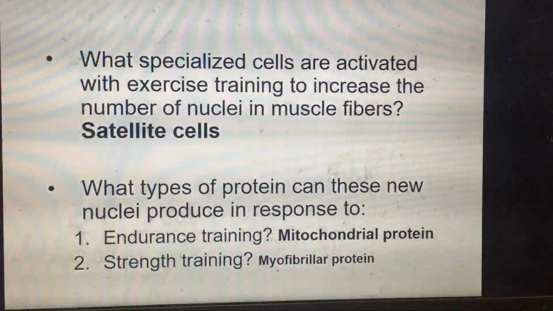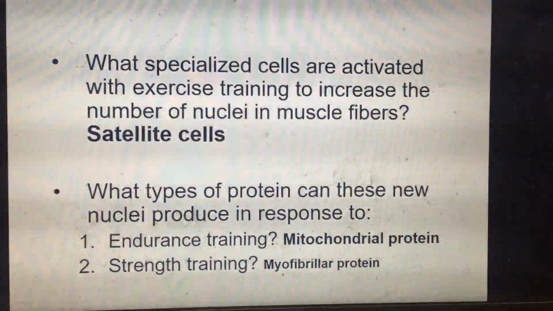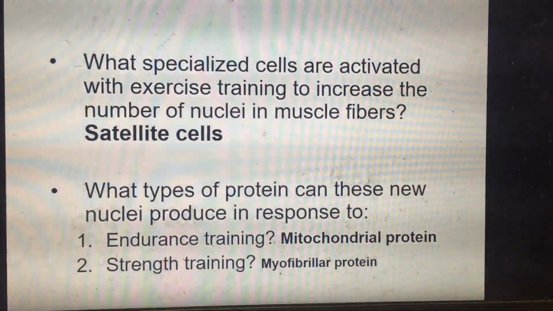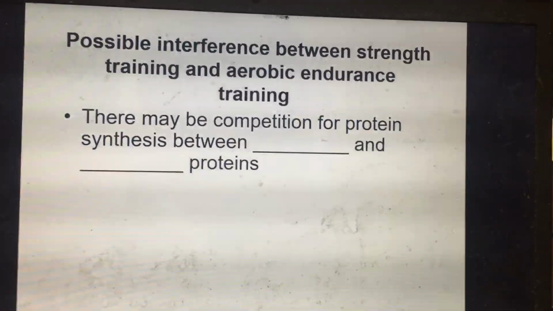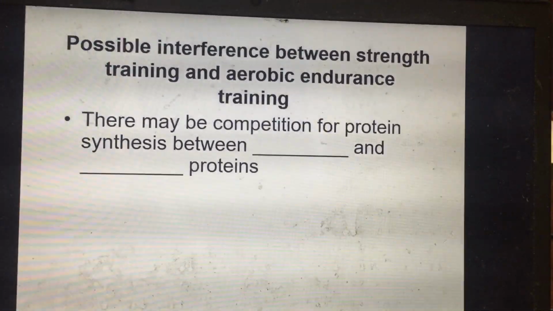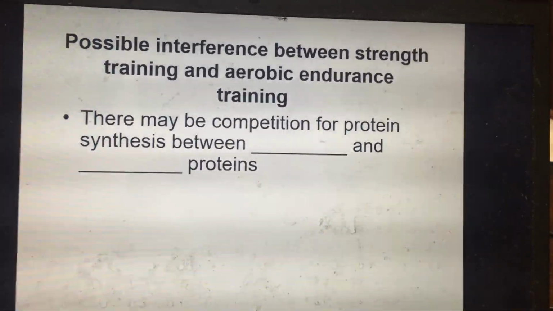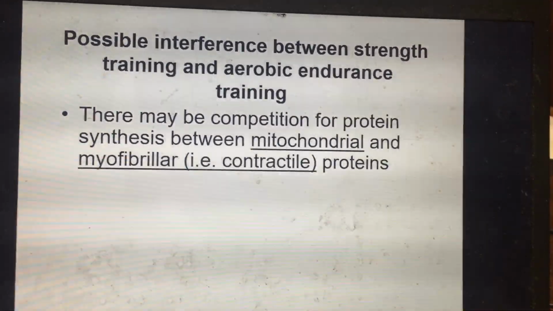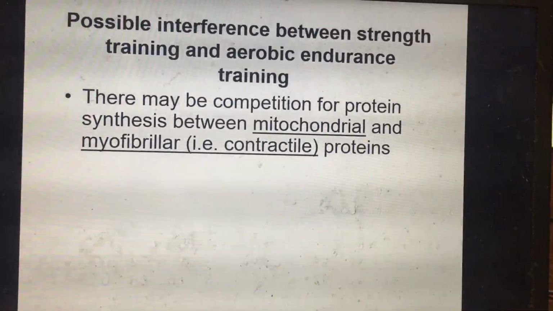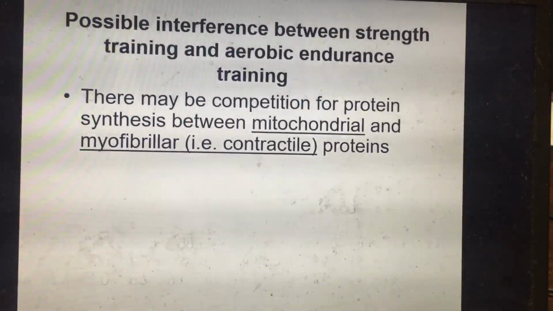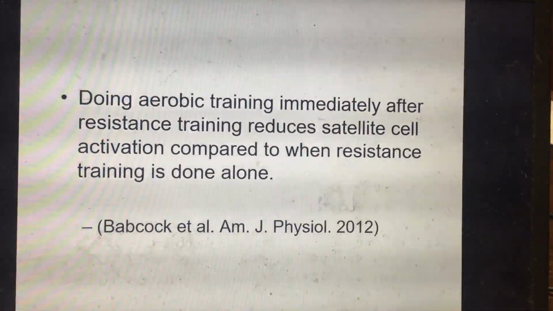So your actin, myosin, and probably your troponin and tropomyosin. With strength training and aerobic training, there's competition for protein synthesis between the two types of protein. So that's another way that strength training and aerobic training might interfere with each other.